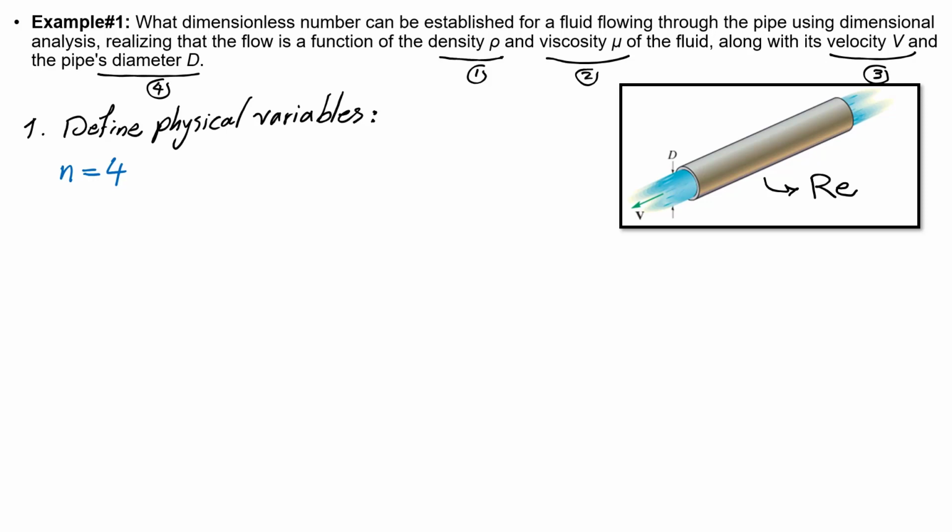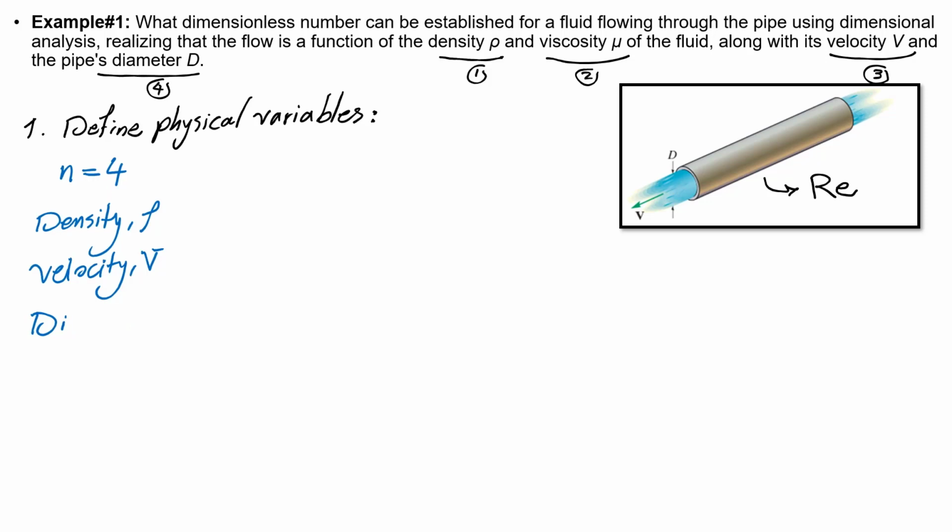I'm going to start from density, or rho, and then velocity. I'm writing them in no specific order. You can write them however you want to. Diameter, I should spell it correctly. And what else?